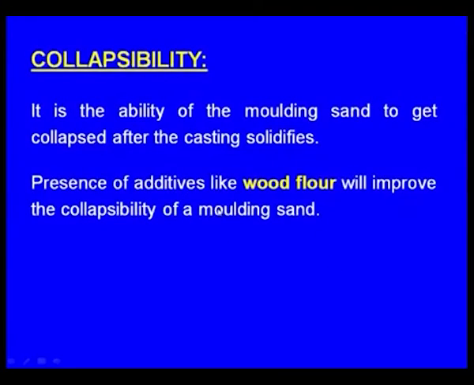Presence of additives like wood flour will improve the collapsibility of a moulding sand. In the previous lecture, we have seen about the wood flour. What is this wood flour? This is the pulverized wood, it is a wood powder. And what about its shape? Its shape will be a fine powder, and a few particles will be as big as a rice grain.